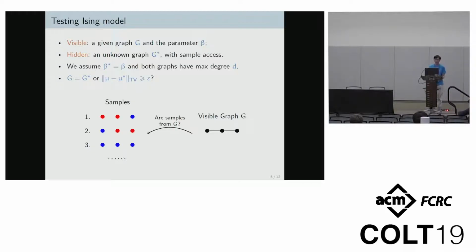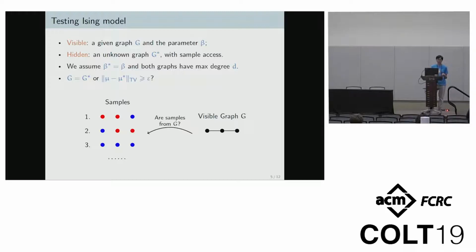We will study the identity testing problem for Ising models. We are given a visible graph G, and the parameter beta is also given. We also have a hidden graph G star, and we have sampling access to the hidden Ising model.